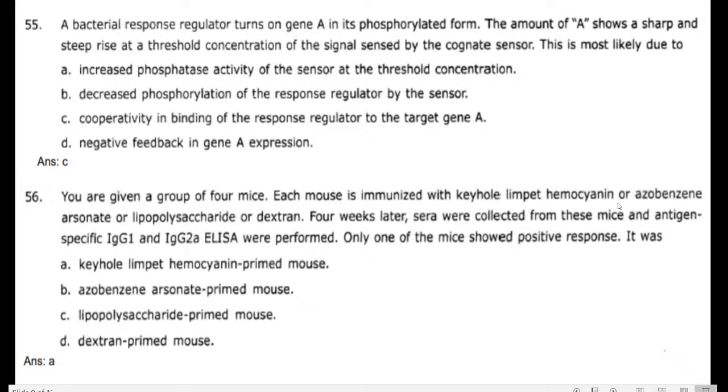I think you can understand now. The other compounds are normal simple structures, like our normal proteins, and are not recognized as foreign particles. This keyhole limpet hemocyanin alone is recognized as a foreign particle.